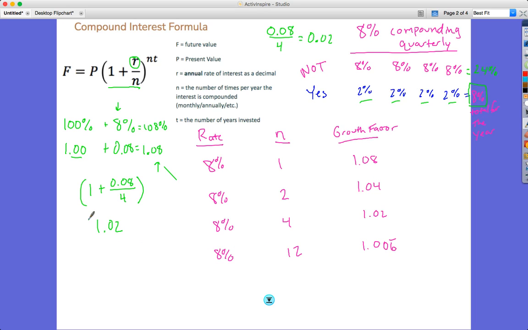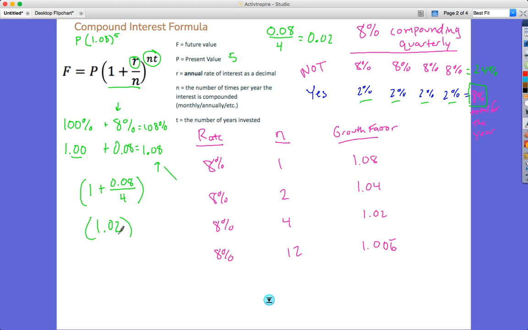Now the difference is, normally up here we would have said, okay, 8% for some amount of years, let's say 5 years. You would take whatever we have, P, times 1.08, and do it 5 times because it happens for 5 years. If it's happening yearly, then we do it 5 times.